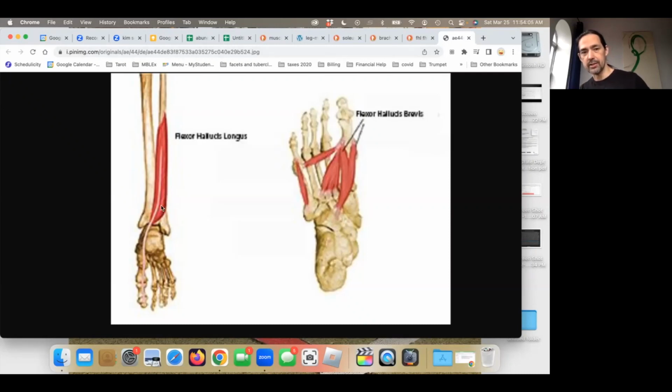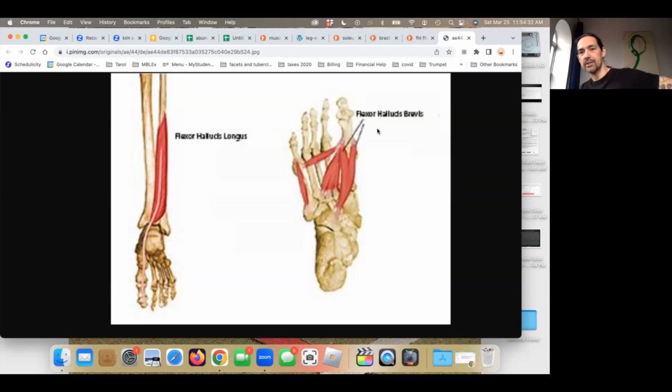The flexor hallucis longus, or the FHL, is in the back, and the tendon crosses from the lateral portion of the lower leg to the medial portion of the heel, and it runs along the plantar surface of the hallux. It's the long one that attaches to the hallux.